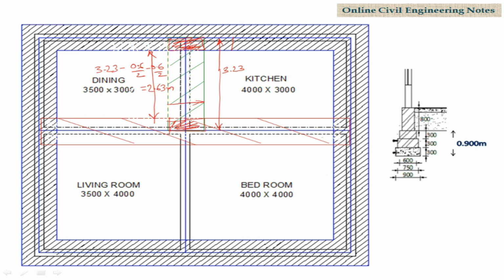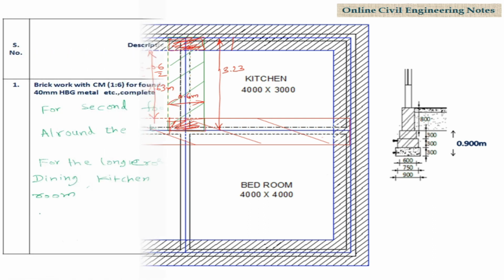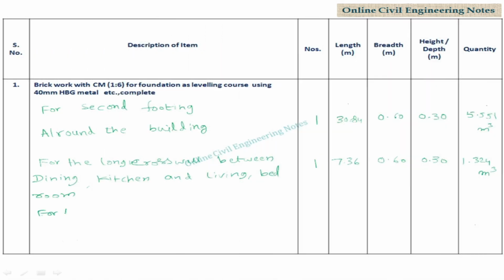We know the width of footing is 0.6 meters, thickness is 0.3 meters. For the cross wall between dining and kitchen. Number is 1, length 2.63 meters, width 0.6 meters, thickness 0.3 meters. Quantity is 0.473 cubic meter.